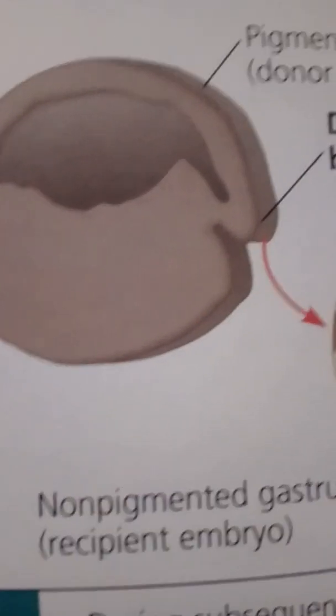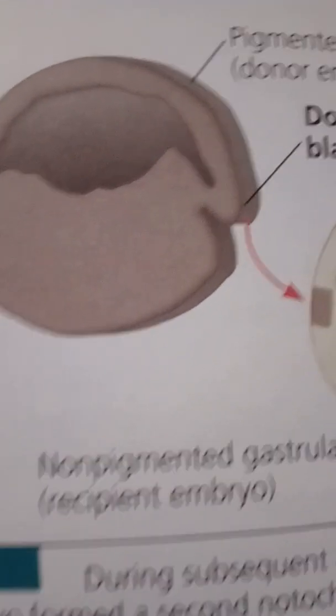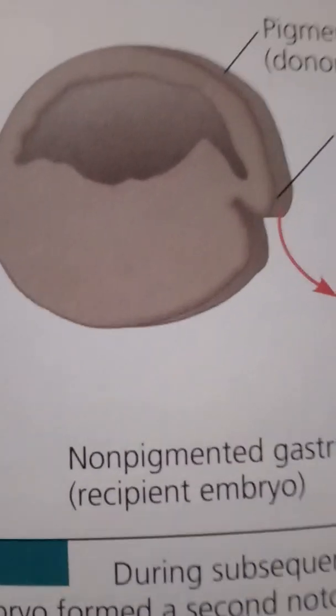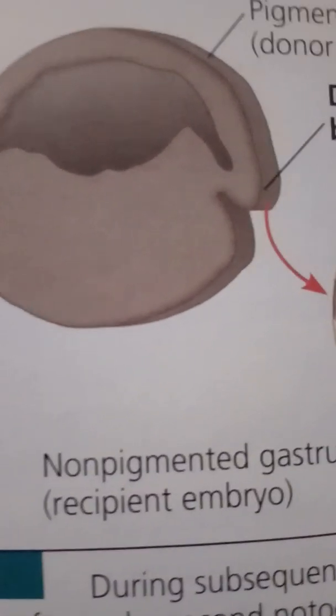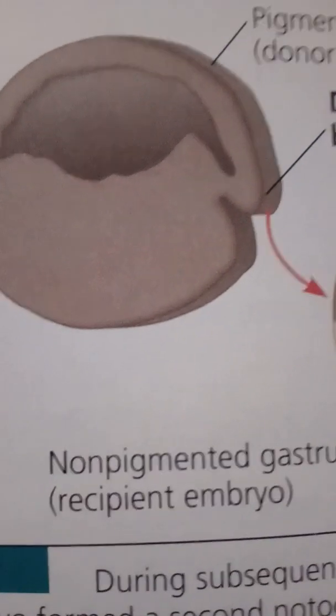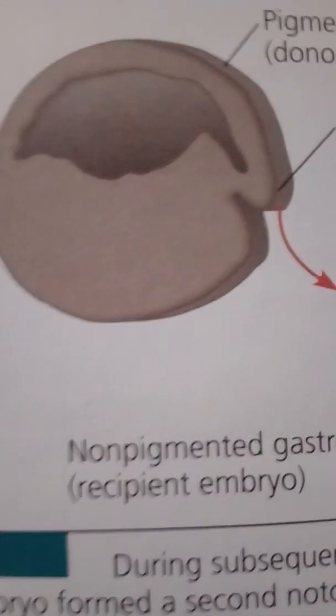The importance of induction during development of amphibians was dramatically demonstrated in transplantation experiments performed by Hans Spemann and his student Hilde Mangold in the 1920s, based on the results of their most famous experiments summarized in this figure.